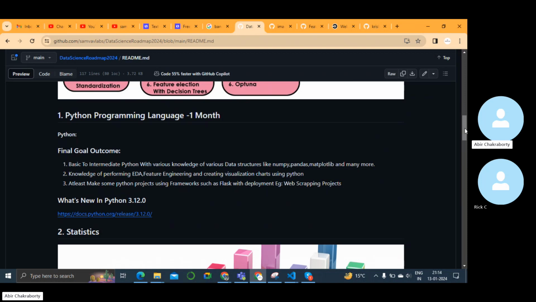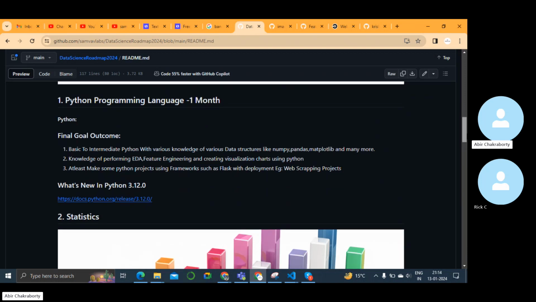And once EDA is done, we would be moving forward to feature engineering and further deployment of our machine learning and deep learning models. But for all the stages, Python is a very crucial and important aspect. That's why in the very first month we would be learning Python to the fullest.